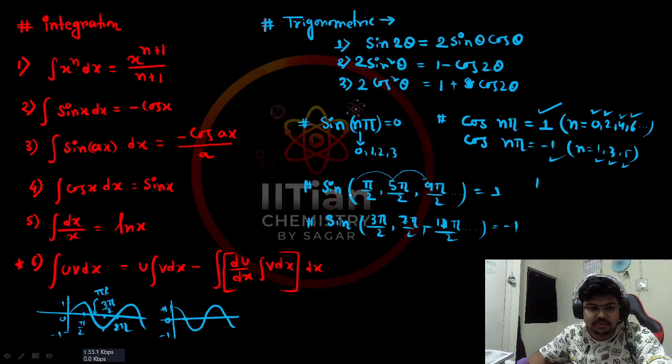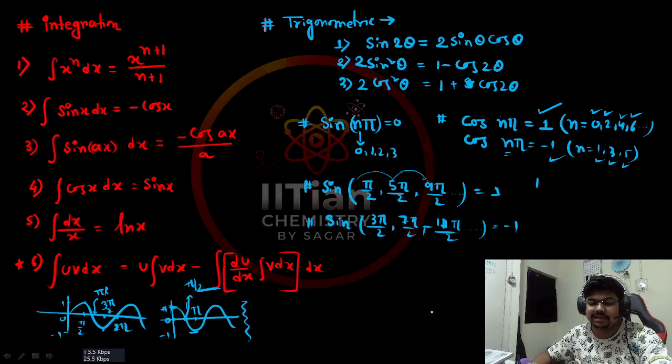When it is minus 1, then n equal to 1. So cos value is minus 1 when n equal to 1, meaning n pi, that is pi. So this is basically pi, and this point is basically pi by 2. So these are very basic things about sine and cosine graphs.